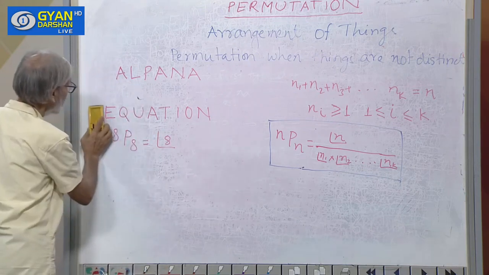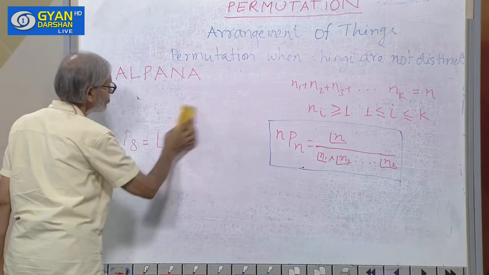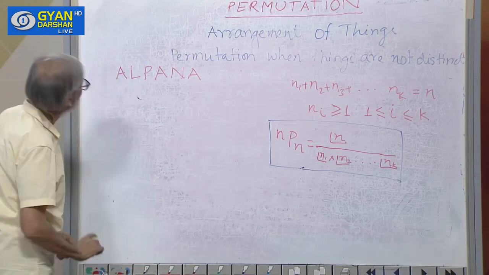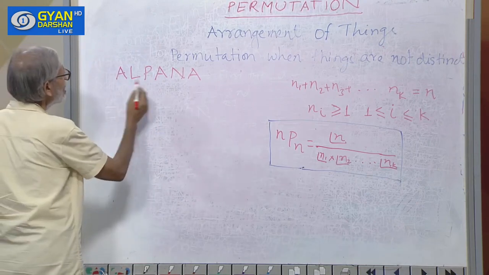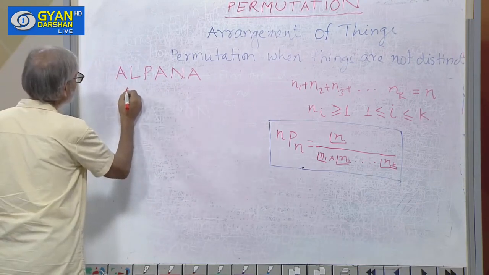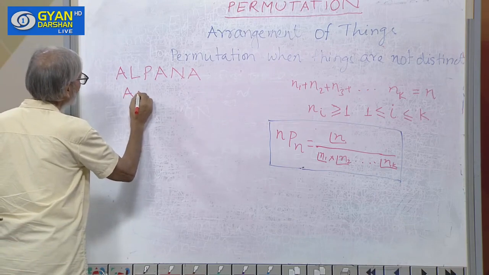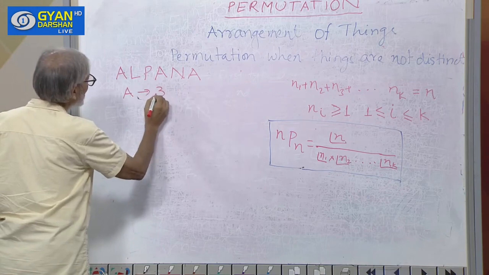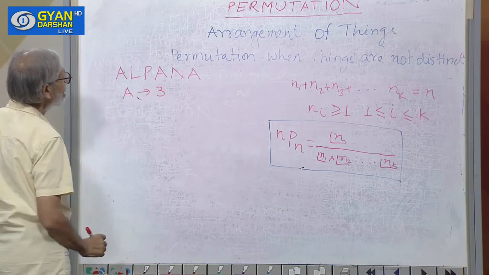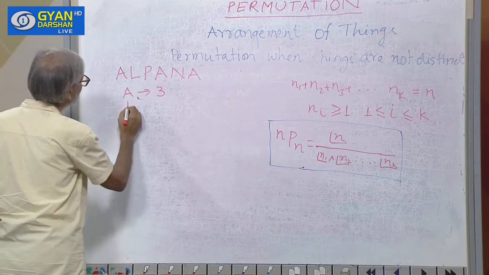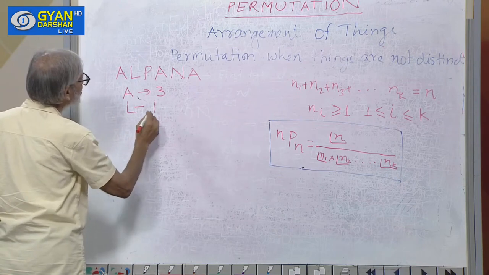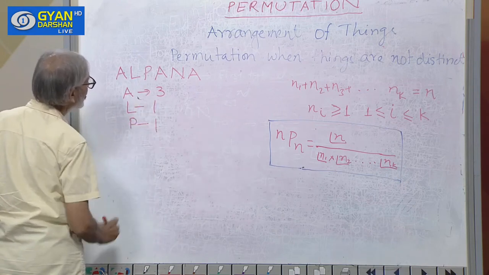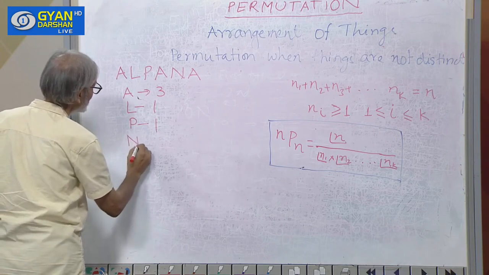But in this case, Alpana, all letters are not distinct. How many A's are there? A's are 1, 2, 3. 3 A's are there, and then L is there, which is 1. P is there, which is 1, and N is there, which is 1.